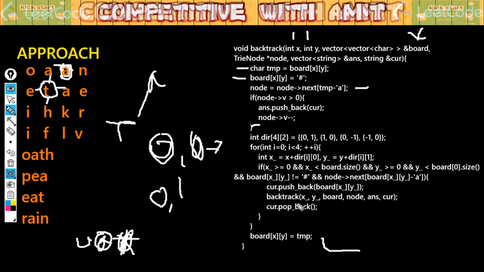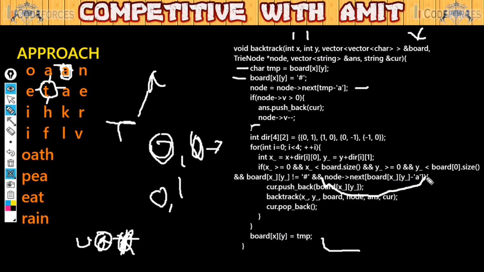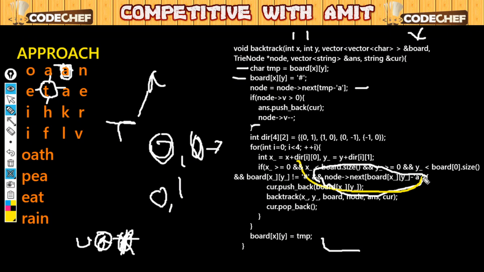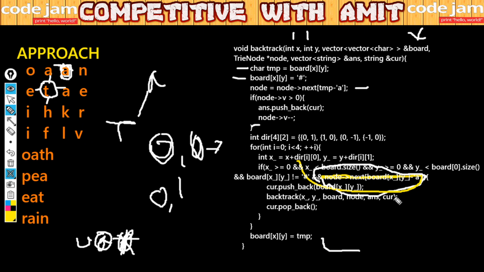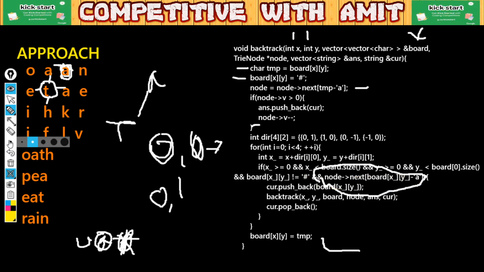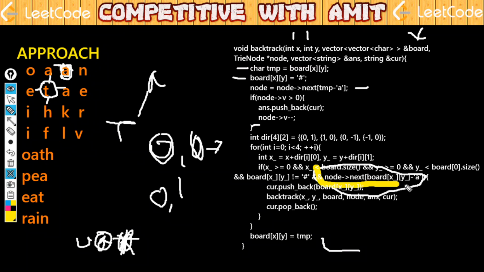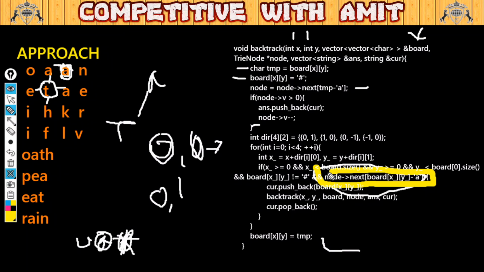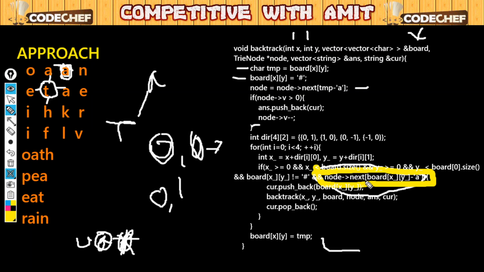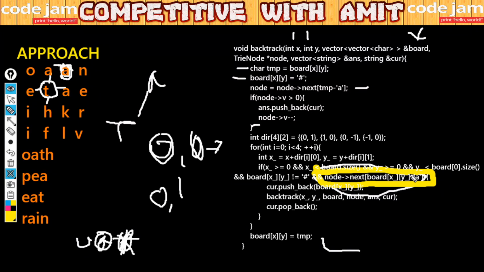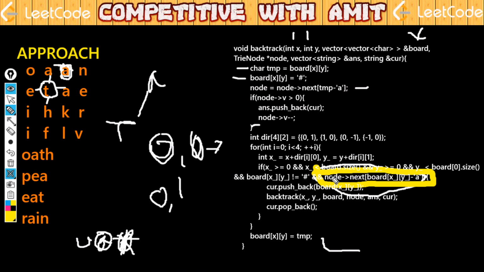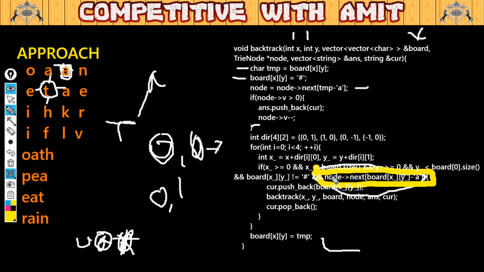So this is the standard backtracking part, in which we are checking with the help of these next nodes. This line is important. This main line, the part I have not highlighted, between these square brackets, is the main part in which I am checking whether the next value of the node on which we are is the board's current value or not.